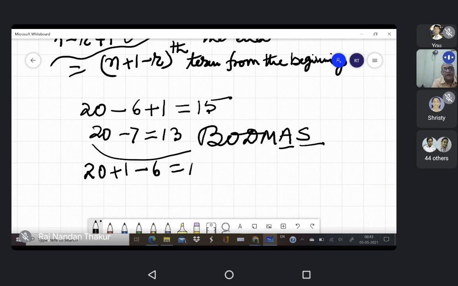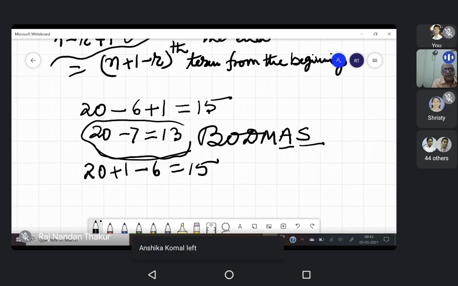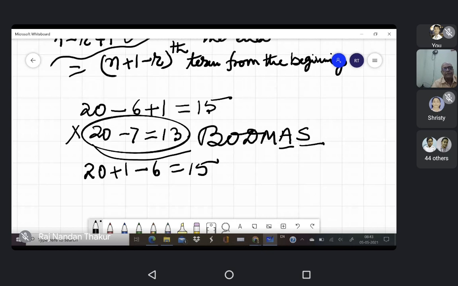You will get 15. And for your information, a practical thing is, if there are only addition and subtraction, please go from left to right. 20 minus 6, 14 plus 1, 15. That's all. You don't have to worry. So is this point clear?